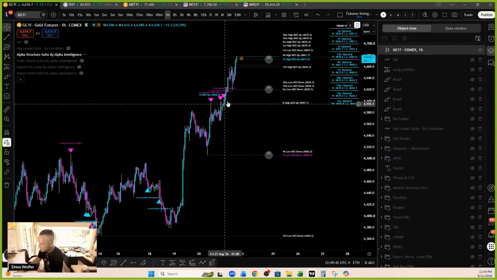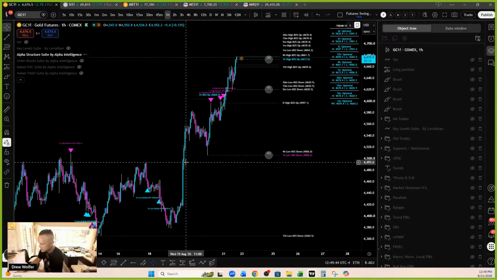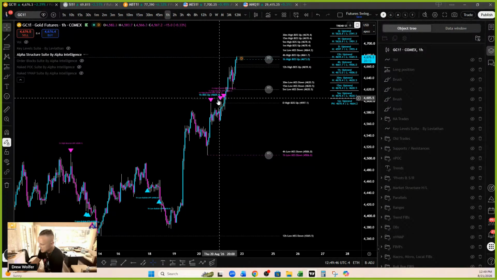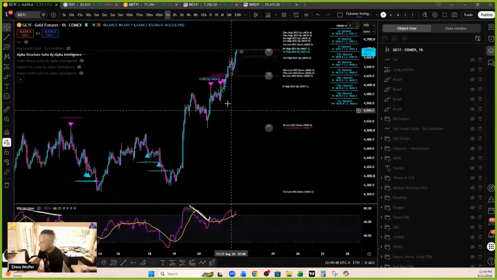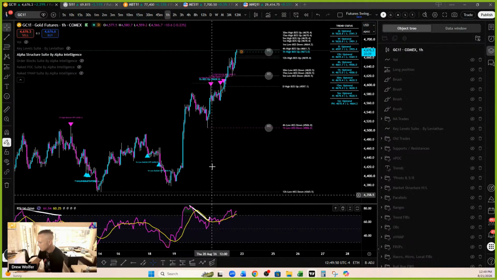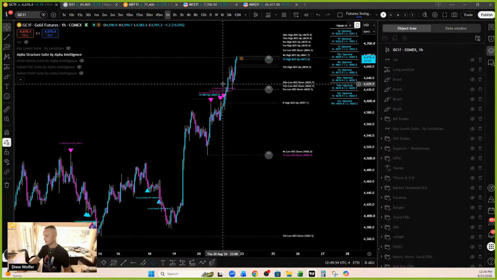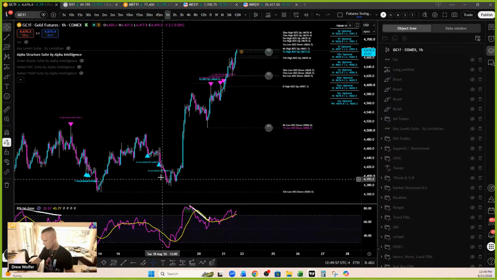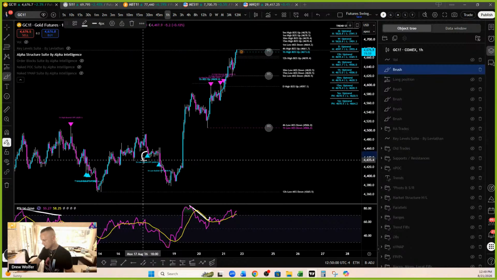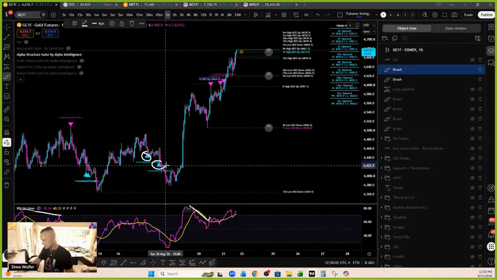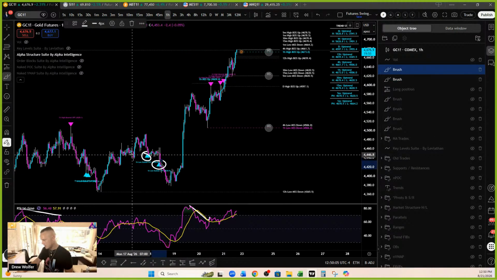Or if you don't have the opposing divergence, then you're probably just going to get stopped out, like you would on these two. But by understanding that there was no divergence on these two, it kept you out of the trade, right? And the same thing here. Look at this. You got a swing failure pattern happening here, and you got a swing failure pattern happening here, of the lows, right?